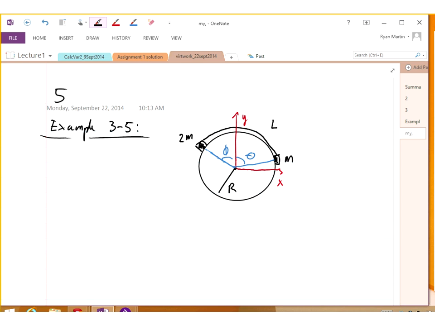So we only have 1 degree of freedom here, right? Because if you move one mass, it's going to pull the other mass along the surface of the sphere. And the question, of course, is to solve for the angle theta of equilibrium.